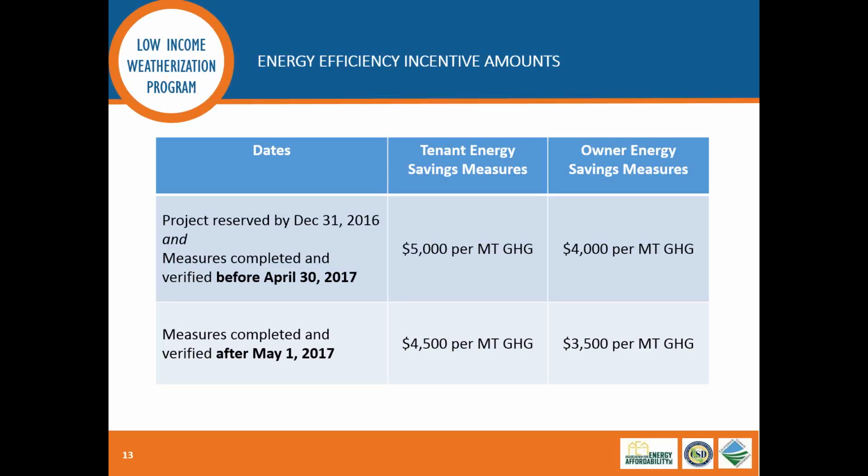So no, there are no prevailing wage or Davis-Bacon requirements right off the bat. So we don't need to see the prevailing wage requirements. We don't need to see the certified payroll requirements that happen with Davis-Bacon or prevailing wage.